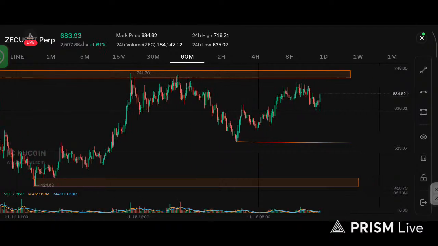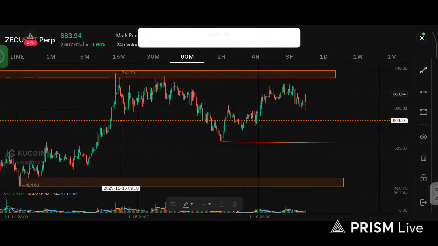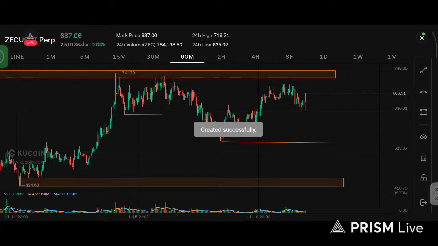The market turned down to here, and there was a liquidity sweep. You see, it swept this previous low.